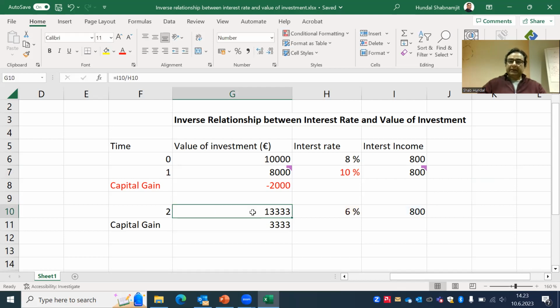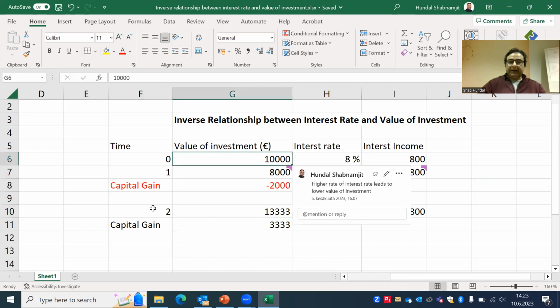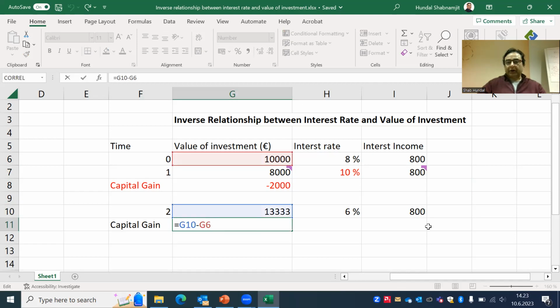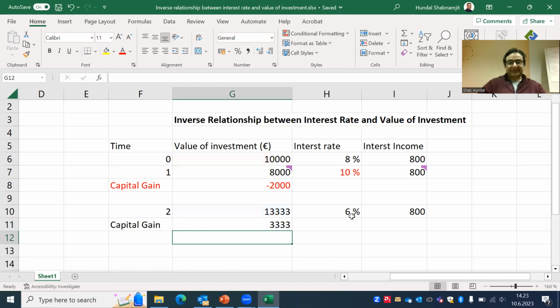Which means that if you have invested 10,000 euros at time zero, and at the end of year two you find that the interest rate has gone down to 6%, then the value of the investment will increase. And now if you sell this investment, you would be getting a capital gain of 3,333 euros. So this is the mechanism of the interest rates and the value of the investment.